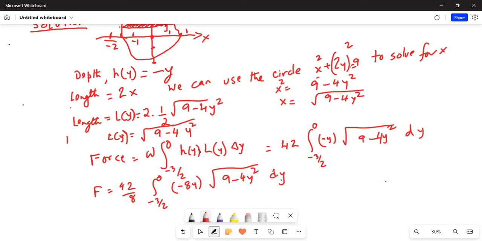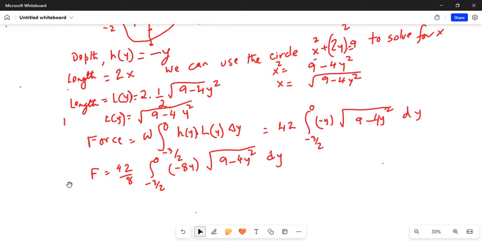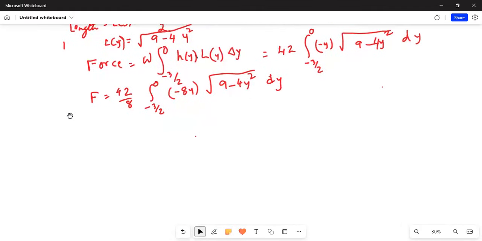So again, let's create some space. So F is equal to 42 over 8.